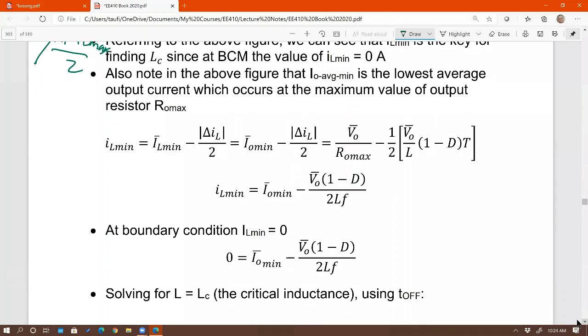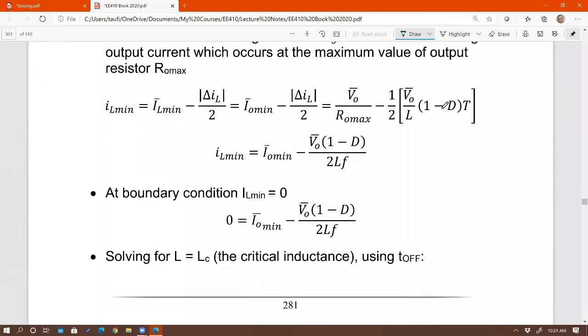Now, how do we select this L based on delta IL? We know that's the key right there, delta IL. The bigger the delta IL, the more limited the output current operation is going to be in order to maintain CCM.